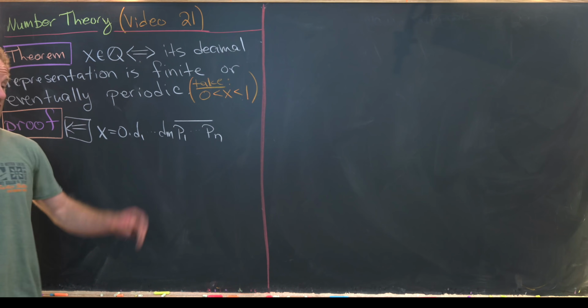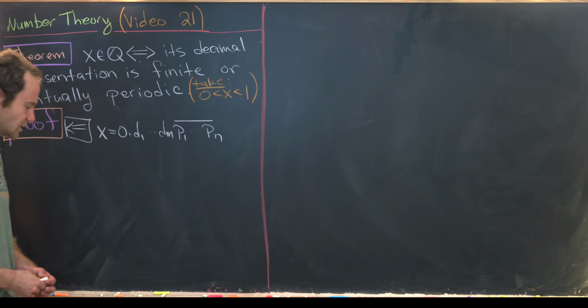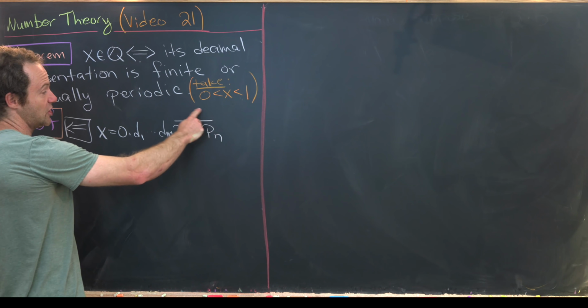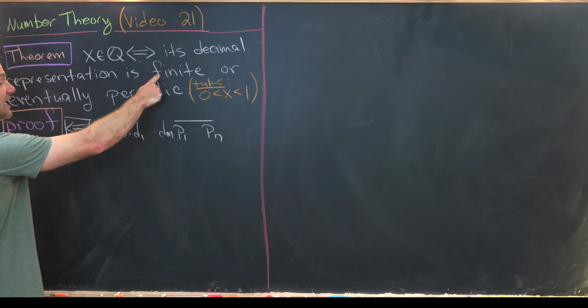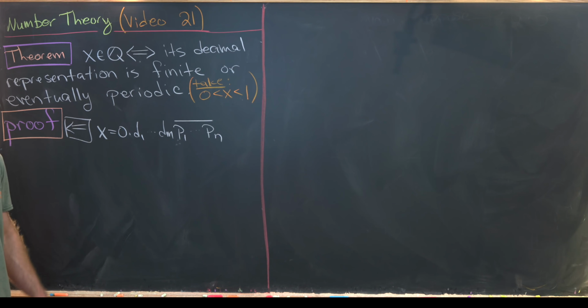So I'll use the notation where we have a bar over this to mean that this repeats. Now I want to point out that this could be turned into a finite representation if all of these are equal to 0. Then it just repeats with all zeros and we have a finite decimal representation.